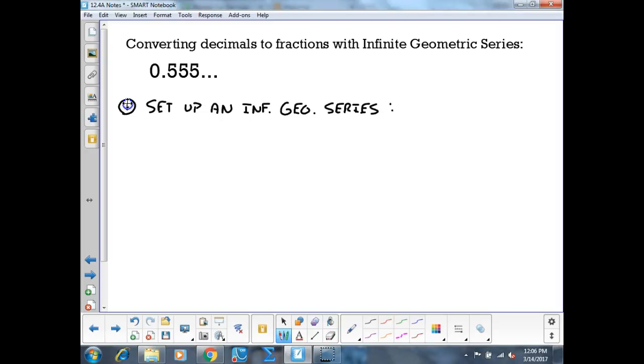So if I set up this infinite geometric series, that's like saying 0.5 plus 0.05 plus 0.005 plus 0.0005, right? And so on and so forth. If I add all those together, that gives me 0.5 repeated.